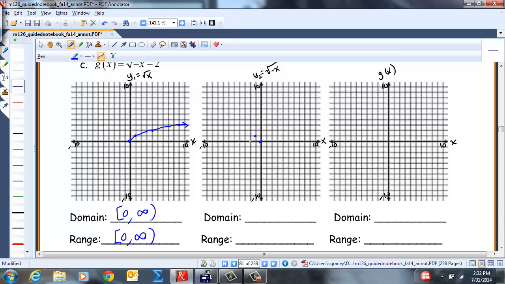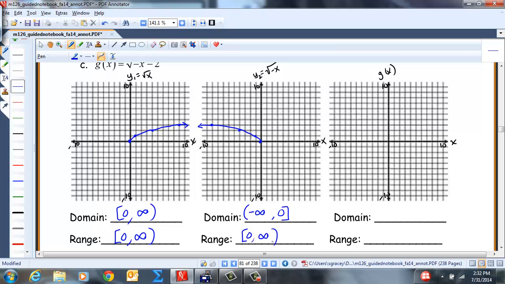We'll have an ordered pair at negative 1, 1, and then negative 4, 2, and negative 9, 3. So this one's been reflected across the y-axis. So our domain changes. We still have 0, but it's over there, and we're going from minus infinity to 0. But do you see our range is still the same? Hasn't changed.